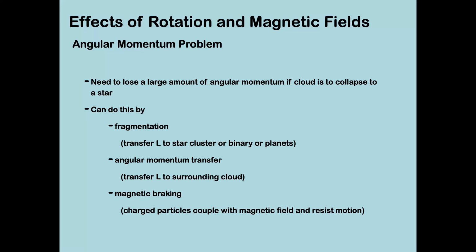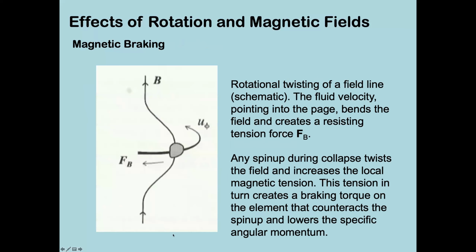So in this case, what happens? This is a figure coming from the Stahler and Palla book, that I think beautifully explains the concept. So this is your magnetic field line.